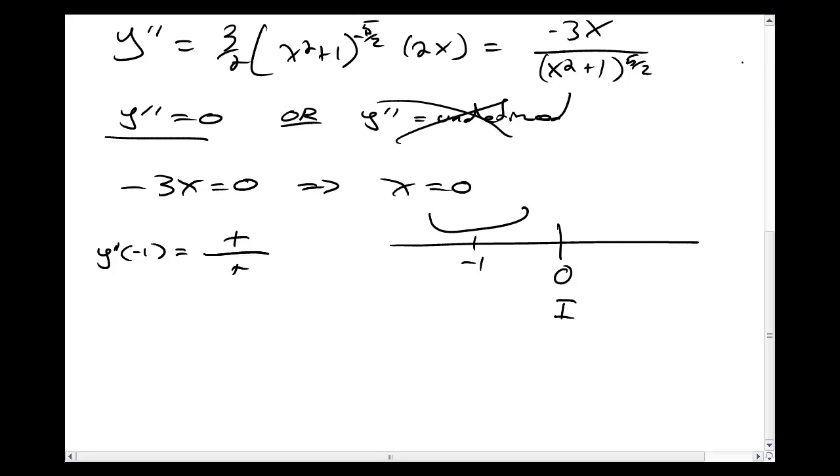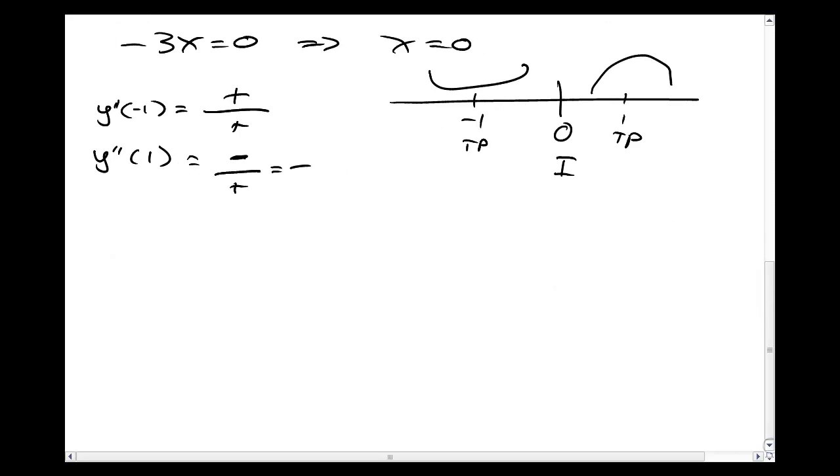This means that I'm going to be concave up. If into my second derivative I plug a test point like positive 1, I'll label these test points just for clarity. Well, on the top I'm going to get a negative number. On the bottom I still get a positive as always here. Overall this leaves me with negative. I'll be concave down.